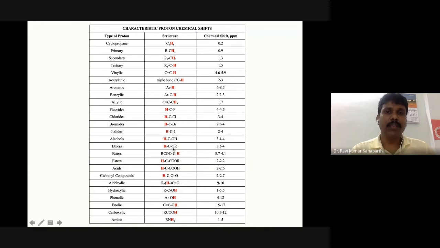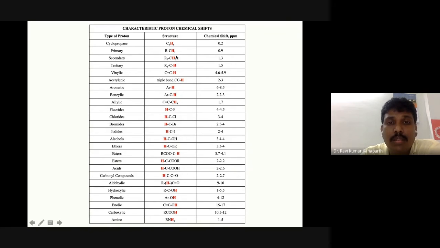You can come across this type of table in most textbooks. Let's say cyclopropane will resonate at 0.2. For an alkane, the primary proton will be seen at 0.9.